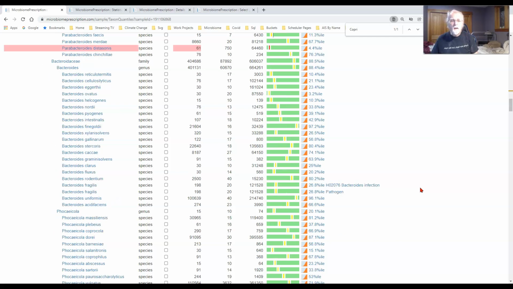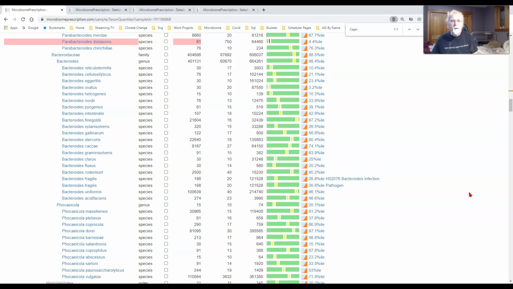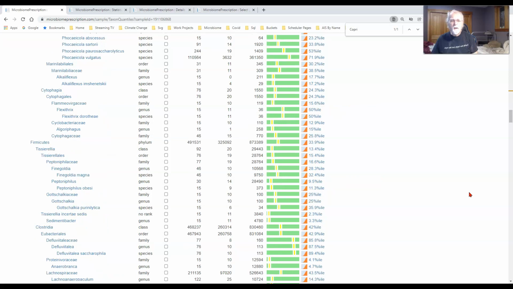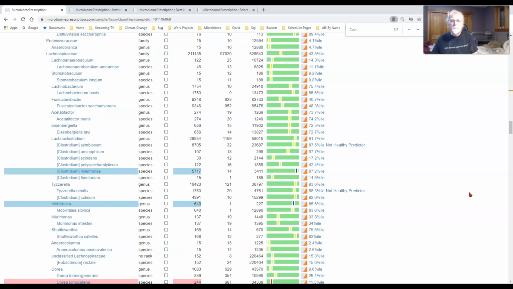Another one, we have more bacterial ones. Again, all of these are low percentile, so not particularly concerned. Nothing there. Here we have a not healthy indicator, and it's at 90th percentile, and it's there. So I'm going to go over here and click this checkbox.